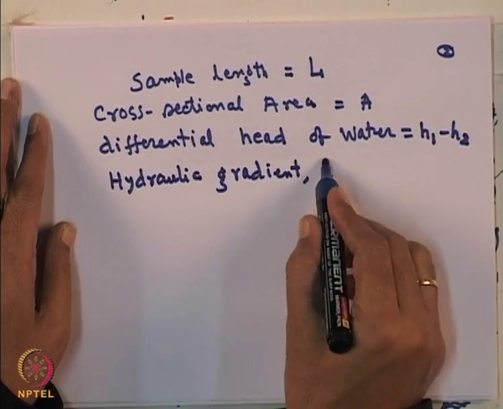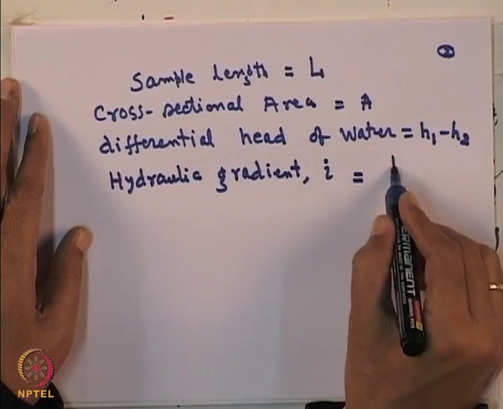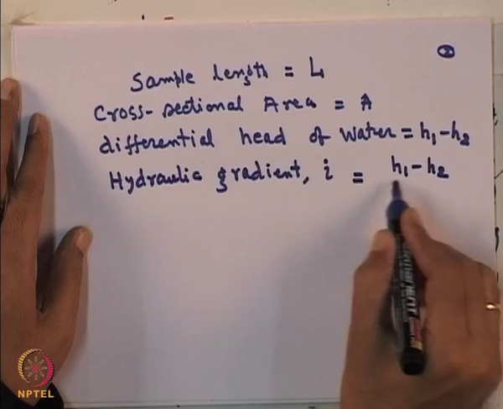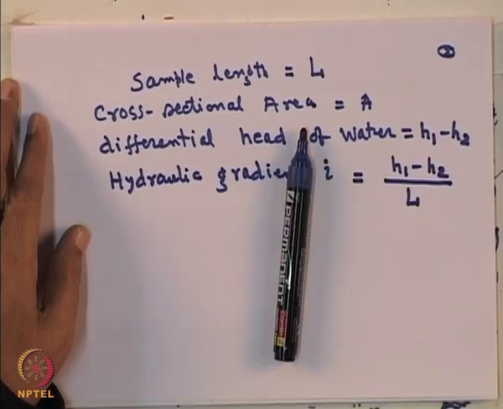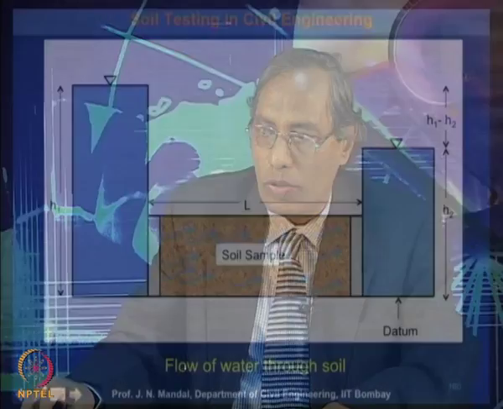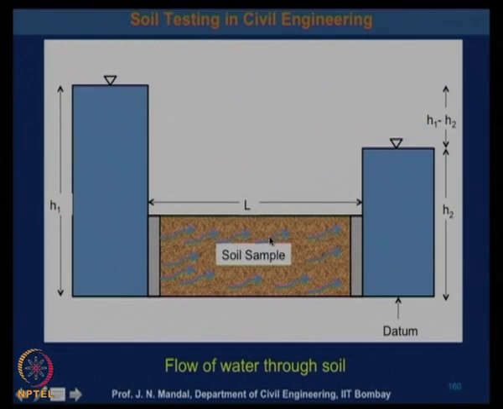Hydraulic gradient I can be expressed as H1 minus H2 divided by the length of the sample L. You can perform the test under different hydraulic gradients, but there is also a certain specification you have to maintain, under which hydraulic gradient you should perform the test.